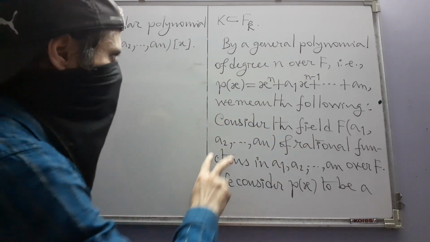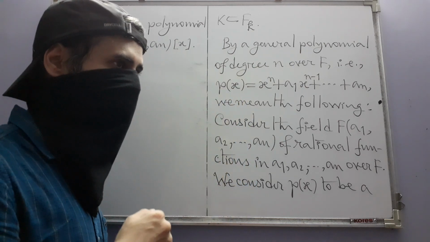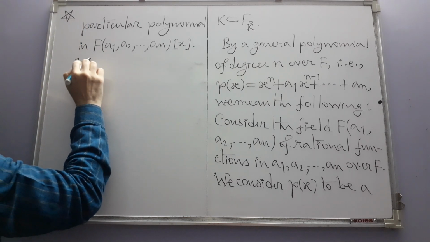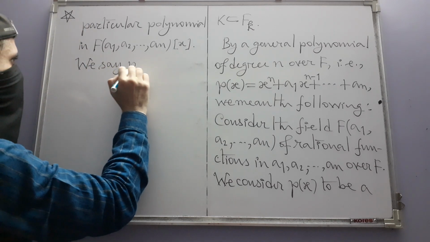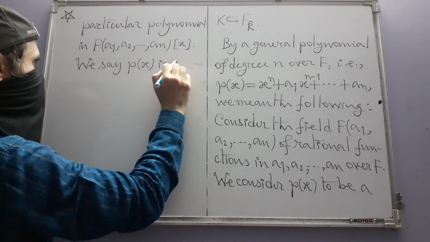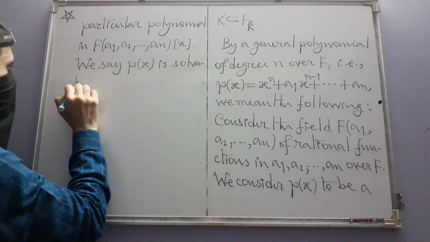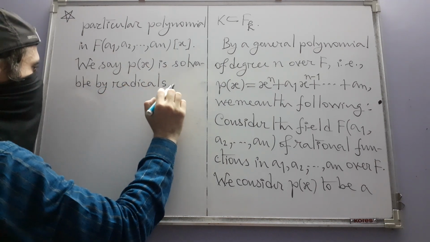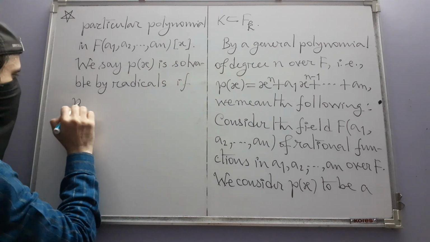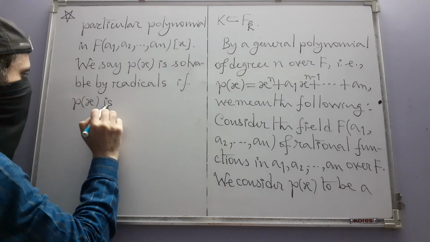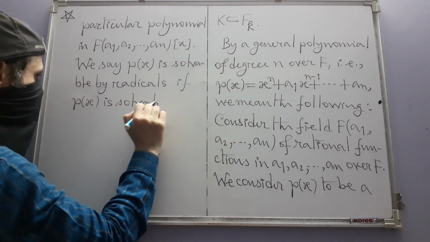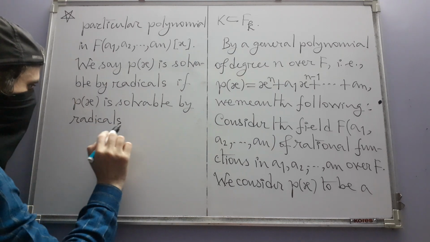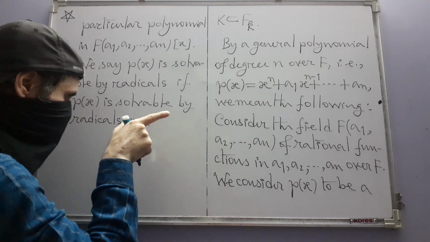And when we say that such a polynomial is solvable by radicals, what do we mean by that? We say P(x) is solvable by radicals if P(x) is solvable by radicals over that field.